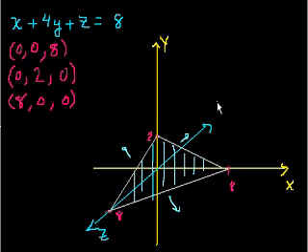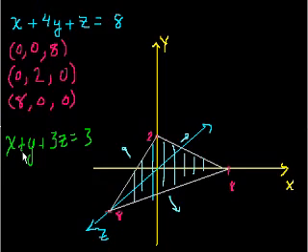So what does it mean if you had 2 equations like this? Let's say you had this equation, and then you had another equation. Let's say you had, I don't know, x plus y plus 3z is equal to 3.